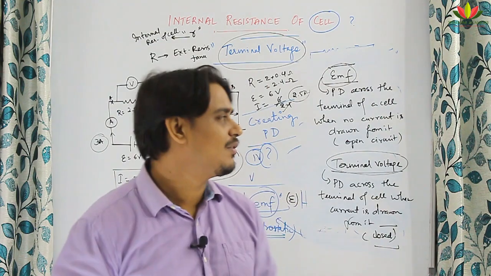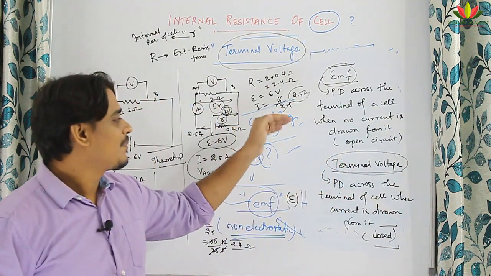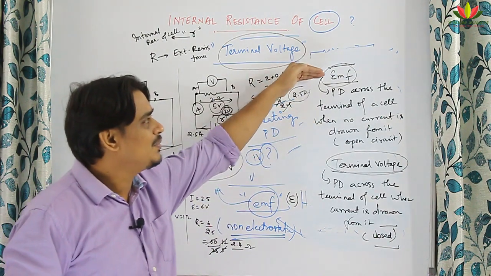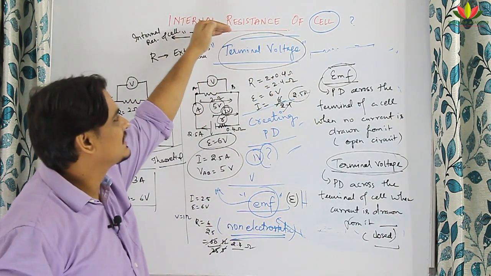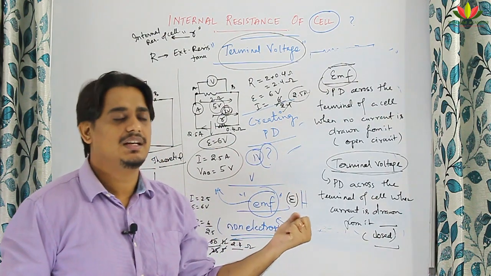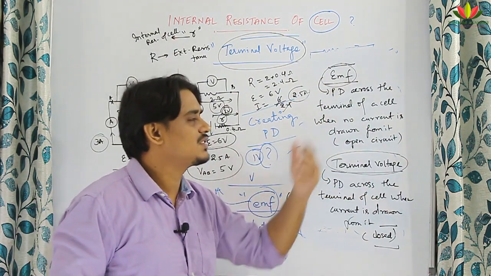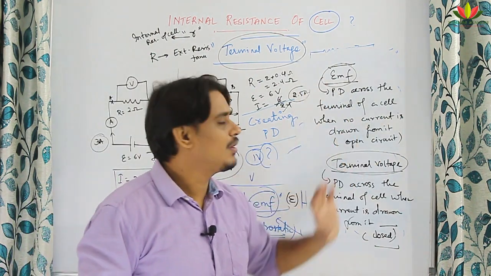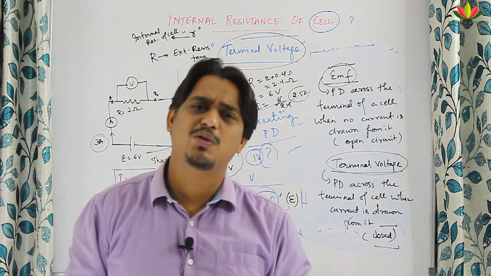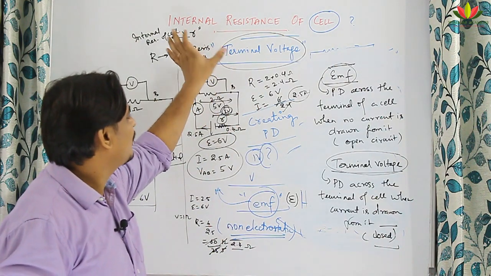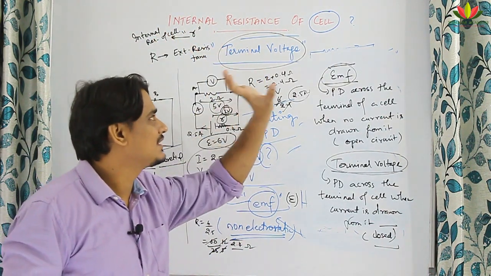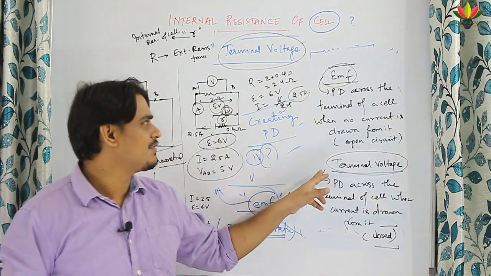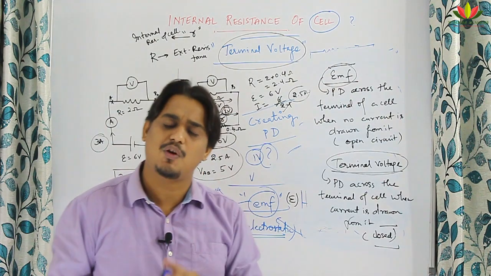Why? Because from the EMF some internal resistance is consuming some potential, and the remaining potential that comes out is the terminal voltage. So, I think you would have understood the meaning of terminal voltage, electromotive force, and internal resistance of a cell. If you are wondering, sir, you told that terminal voltage will be less than EMF, is it for all the cases?